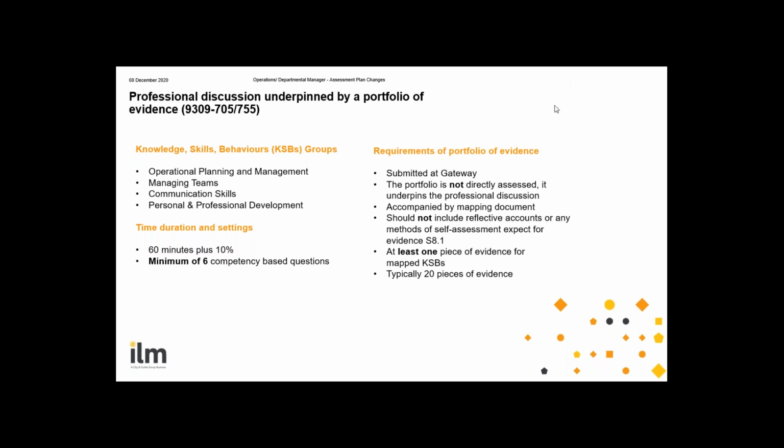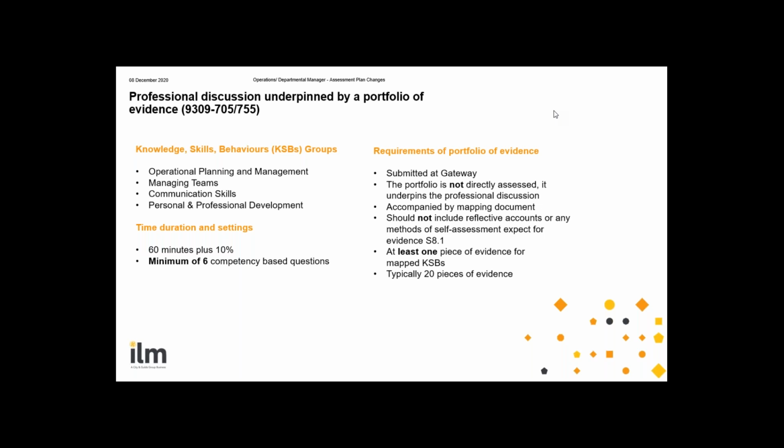In terms of the duration of the professional discussion, it's a total of 60 minutes. And within 60 minutes, there is an additional 10% that is at the discretion of the independent end-point assessor to increase it by up to 10%, to allow the apprentice to complete the last answer.